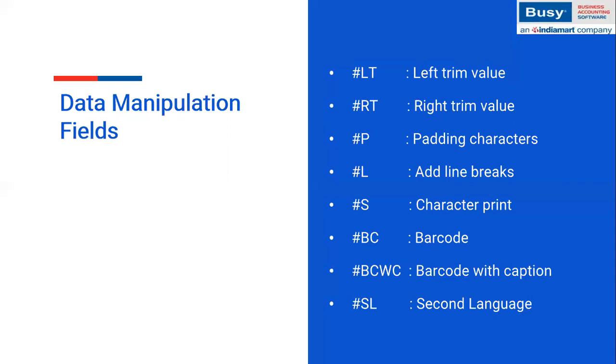If you want to print the barcode with its caption, like item name or item alias name, whatever caption you need, use the syntax hashtag BCWC. If you configure the field in the dictionary for a second language, you can use the syntax hashtag SL.